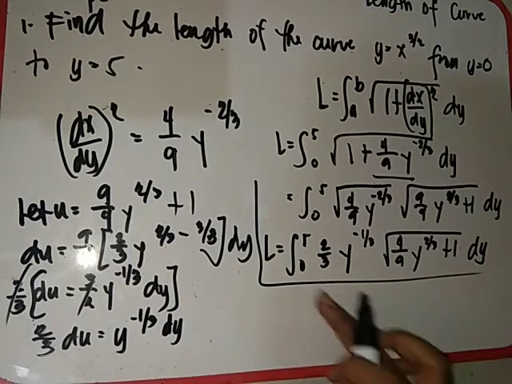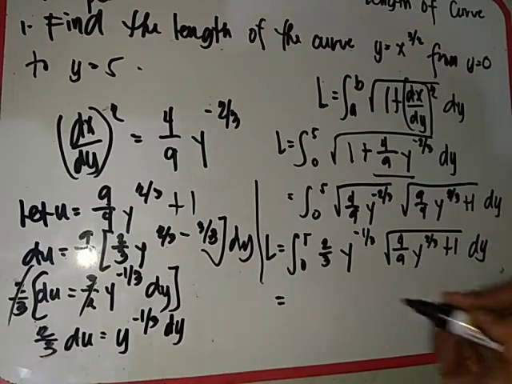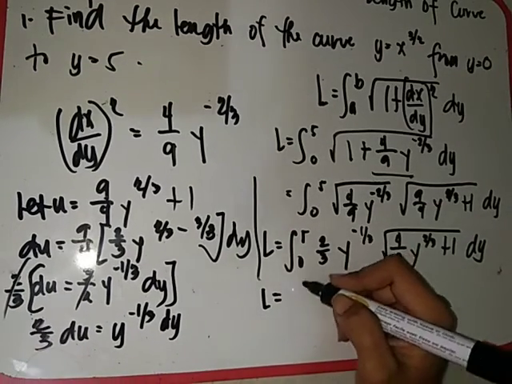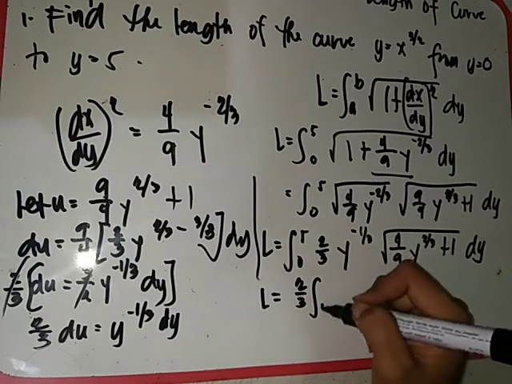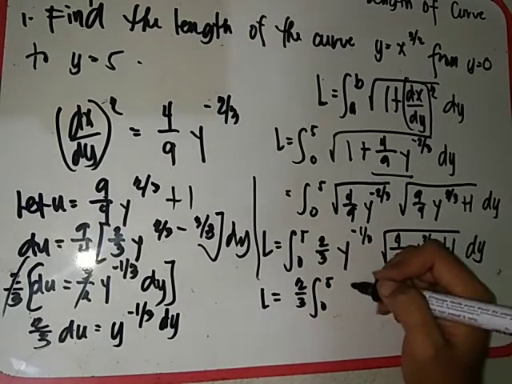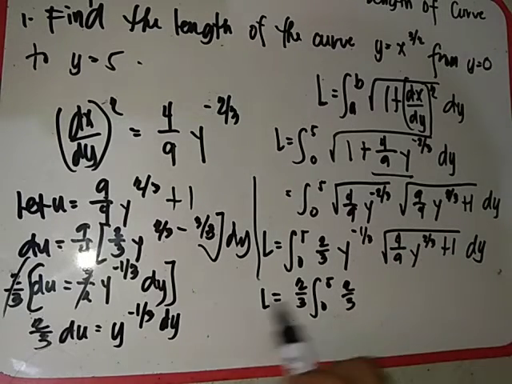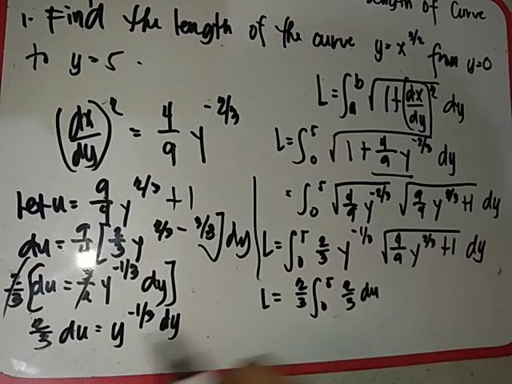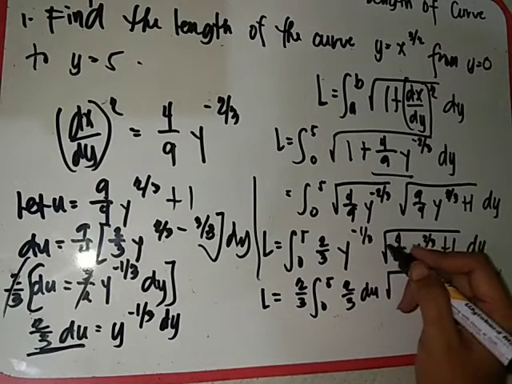So let's continue this. So we have equal to 2/3 integration of 0 to 5, 2/3 du, this, and square root of u.